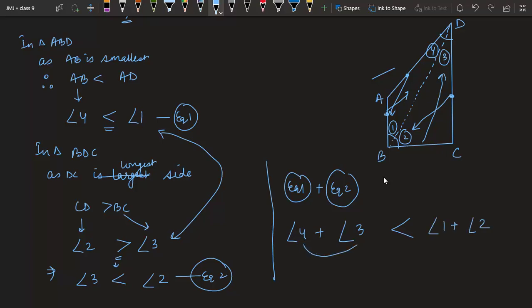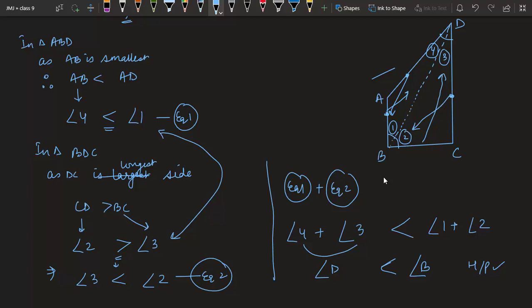And if you compare now, 4 plus 3 is nothing but angle D, and 1 plus 2 is angle B, which was to be proved. So hence proved. Question was very easy. It just looked a little bit different, and the construction was required as the properties that we have studied are related to triangles, not quadrilaterals.